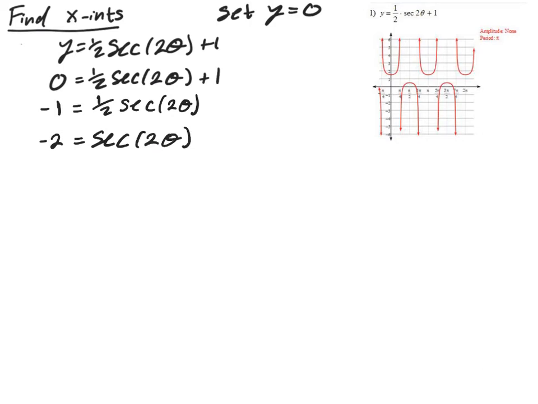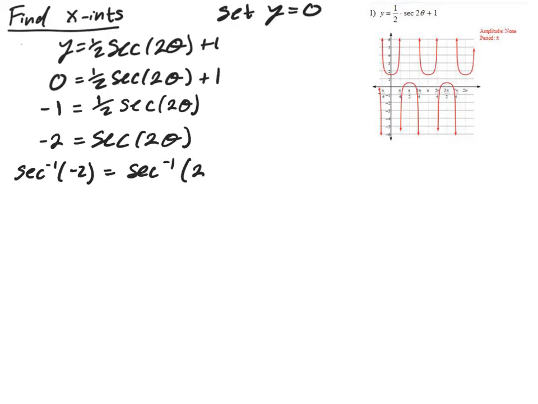So what I want to do next is use the inverse function. Secant's inverse function is simply labeled as inverse secant, so secant to the -1. We're going to take the inverse secant of both sides.